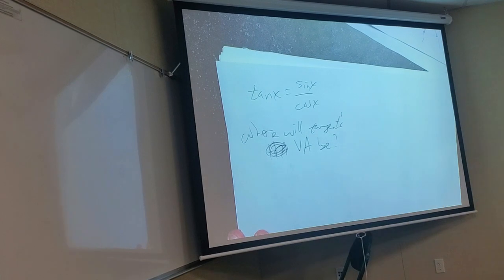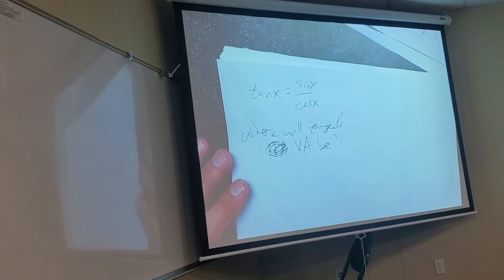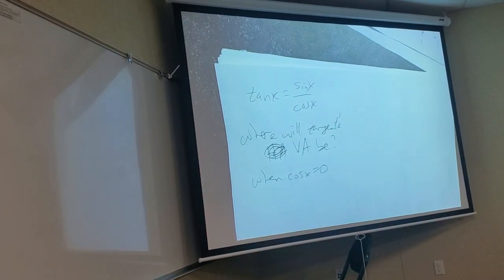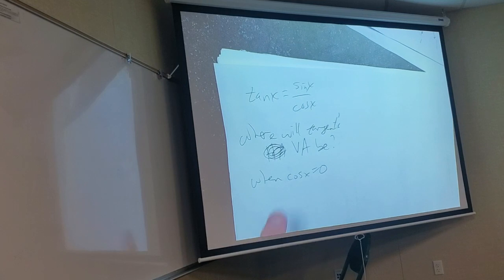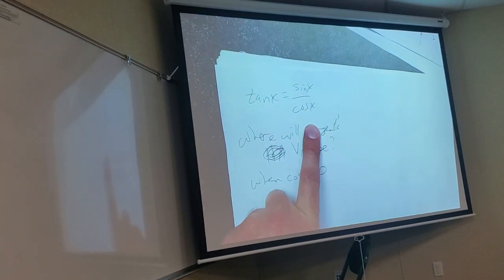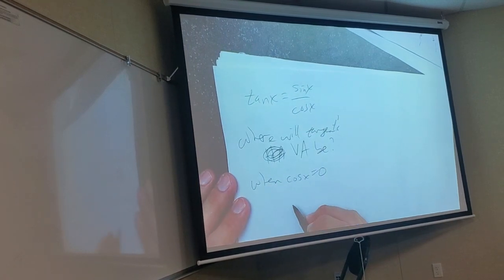When cosine is 0. Does that make sense? Same thing we just did. What's on the bottom of tangent? Cosine. There's going to be a vertical asymptote when cosine is 0, correct? So when is cosine 0?